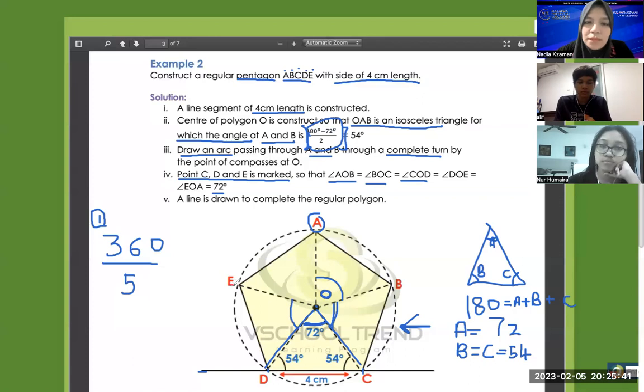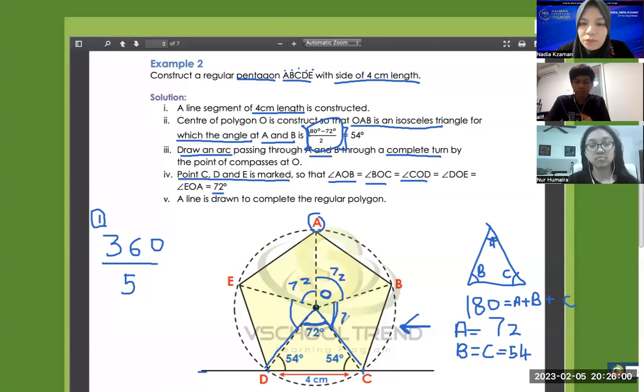And E, O, and A, you get this angle. So these 5 angles, if you sum them up, it becomes 360. But each value is 72 each. So it is 5 times 72 angle equal to 360.